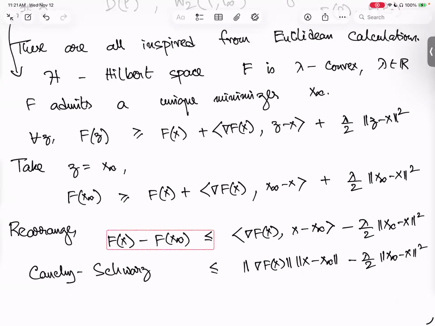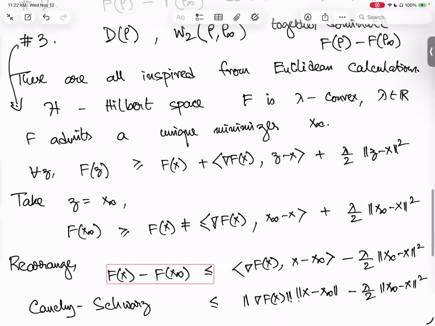So what am I doing here? I'm bounding the left-hand side, which is the difference of the function at x from x infinity, by two quantities. One is the norm of the gradient of f at x times the distance from x to x infinity, minus a constant times the distance square of x to x infinity.